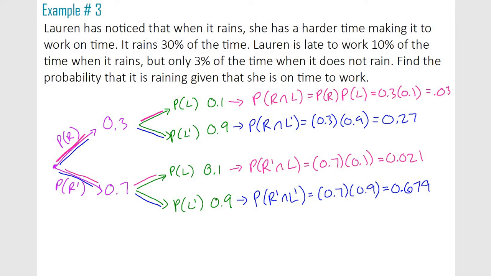Okay. So we wanted to find, what were we looking for here? Find the probability that it is raining given that she's on time to work. So, probability that it's raining given I'm not late for work.